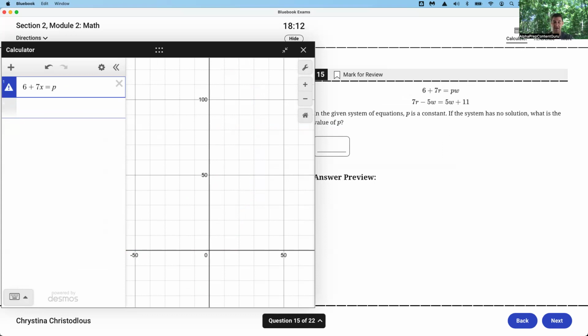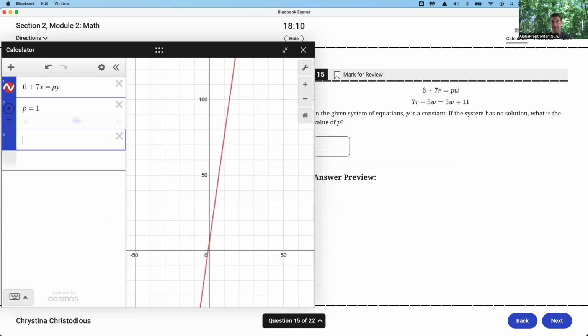So I'll say p, y. I made w, y. And now I'm going to go 7x minus 5y equals 5y plus 11. All I did was say r is x, w is y. I want to know what p is to make them have no solution.